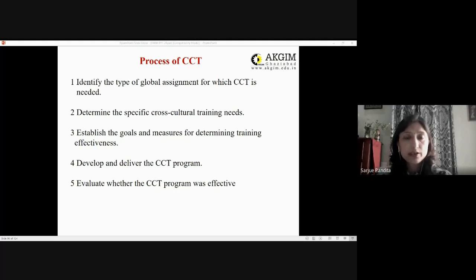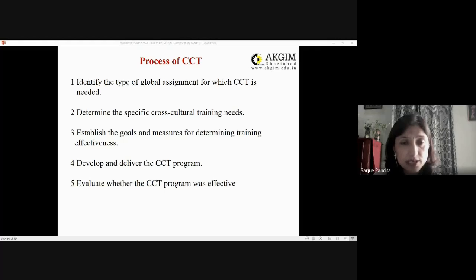When we say you need to do a cross-cultural training need analysis, go back to training. When we discussed training in normal human resource management, we said that we have a need analysis where we did organization analysis, task analysis, and individual analysis. Here also we are going to analyze the training at all these three levels.